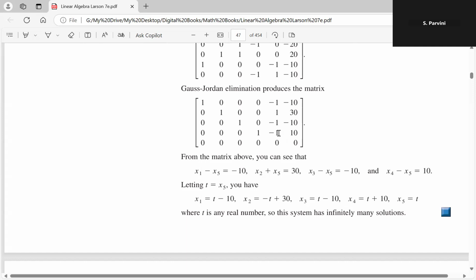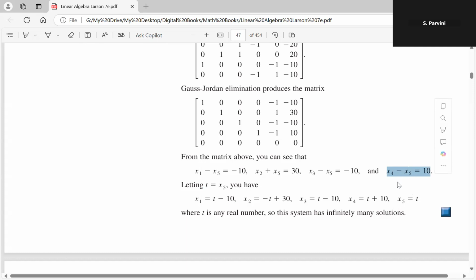So what we do is we're going to let this variable x sub 5 be our free variable. Remember we talked about free variables last week. That's when we let x sub 5 be t, the generic t here. Then if x sub 5 is t, in the equation x sub 4 minus x sub 5 equals 10, plug in the t for x sub 5.